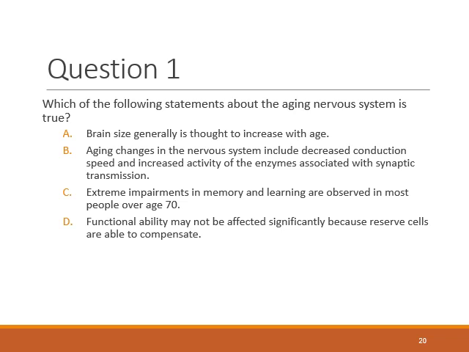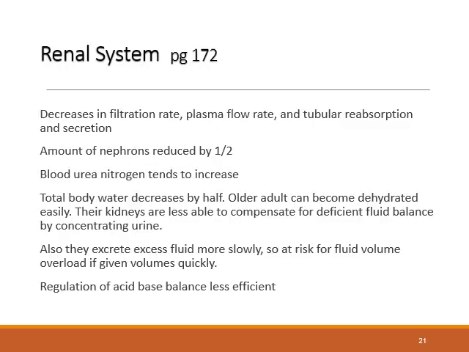Extreme impairments in memory and learning are observed in most people over age 70. Well, notice it says extreme impairments. Well, that's not right. They're not always extreme, right? Over age 70. So read the words, take your time. I'll give you the time here in the beginning, and read the whole sentence before you answer the question.